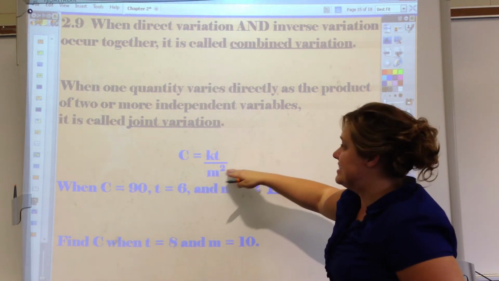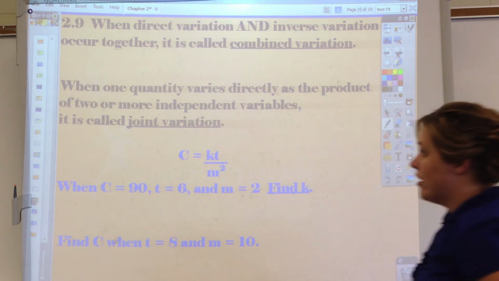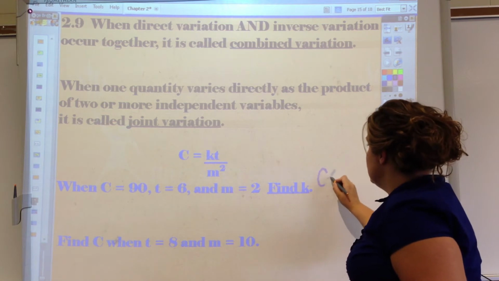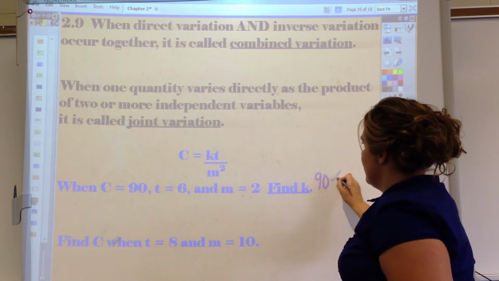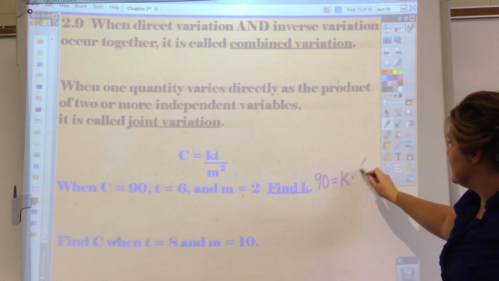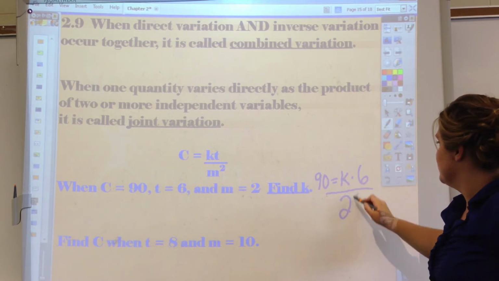Here, hopefully you can see c varies directly to t and inversely to m squared. So if I want to find k, I'm going to plug in values for c, t, and m. Let's go ahead and do that. c is 90. K I don't know yet. T is 6. And m is 2.